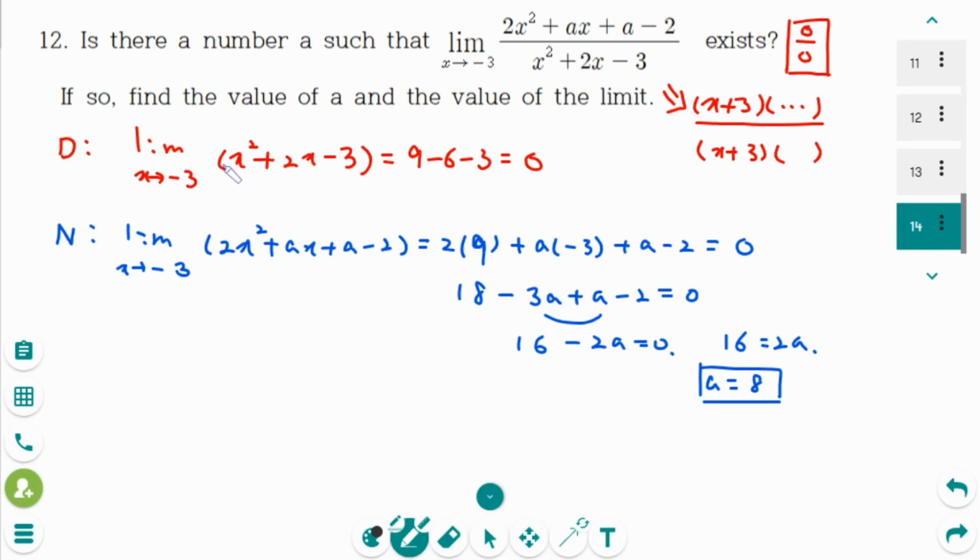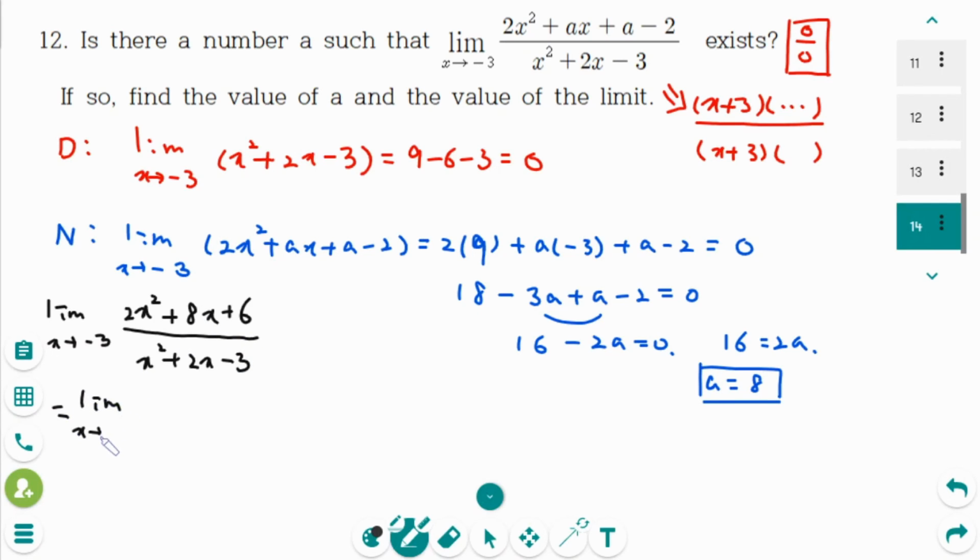Now we must find the value of the limit. We can rewrite the question as the limit of 2x squared plus ax, which means 8x, since a is 8. 8 minus 2 is 6, over x squared plus 2x minus 3.